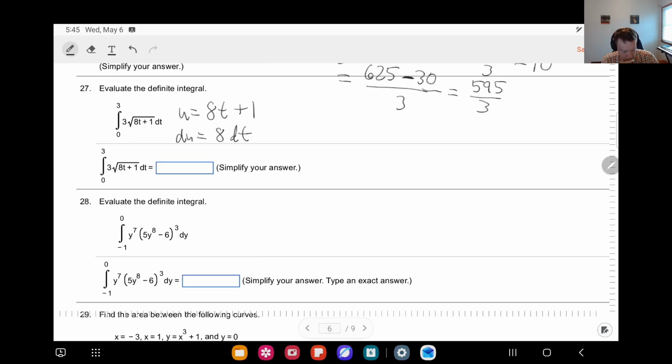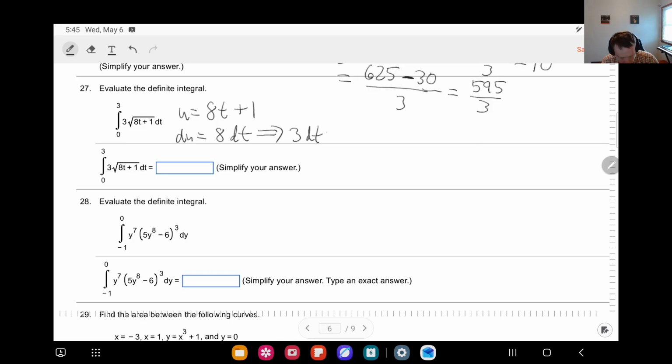Well, du, yeah, my eyes are not failing me here. That's correct. Okay, du is 8 dt. Well, what we have in the real integral is 3 dt. So I want that reflected here.